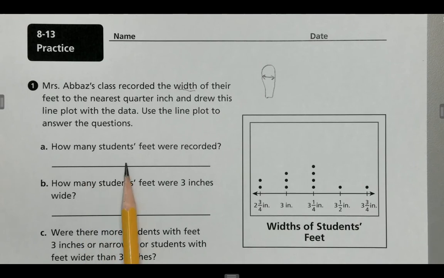Question A, how many students' feet were recorded? Okay, so in order to answer that question, we just count up the dots because each of these dots represents a data point or the width of one student. So count them up.